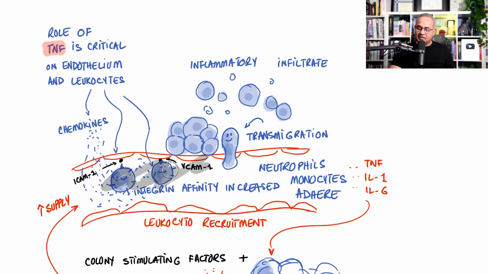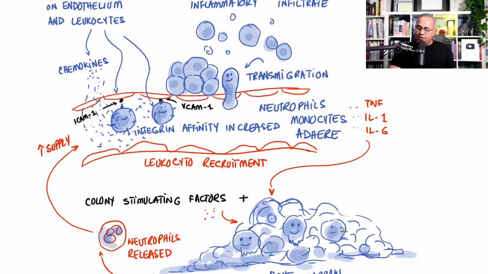The result is that these WBCs start becoming marginalized, and they roll on the cells of the blood vessel like a runway, and then they stop because of these adhesion molecules. And finally, they can either pass between the cells into the inflammatory area, or they can even drill holes in the cells and enter the inflammatory area and take part in the inflammation.